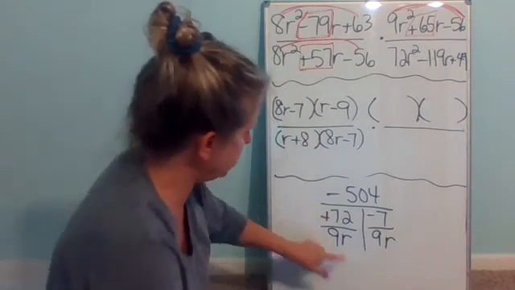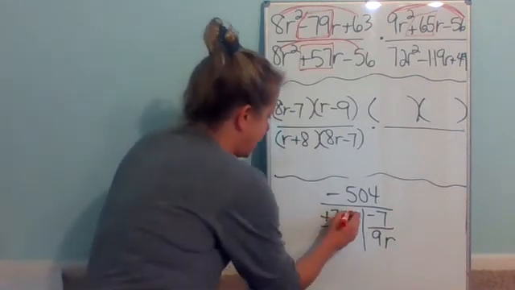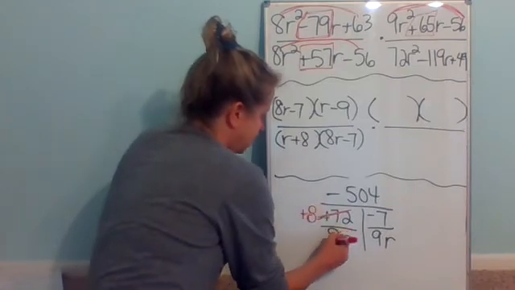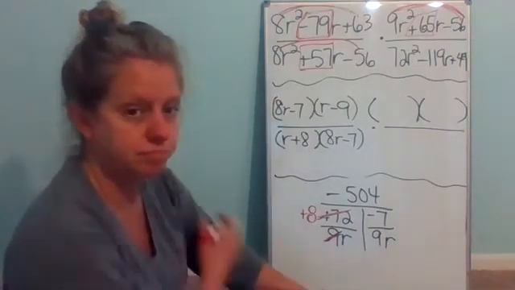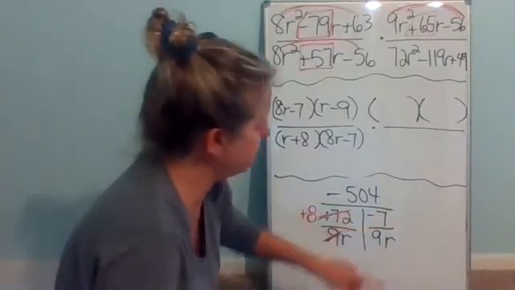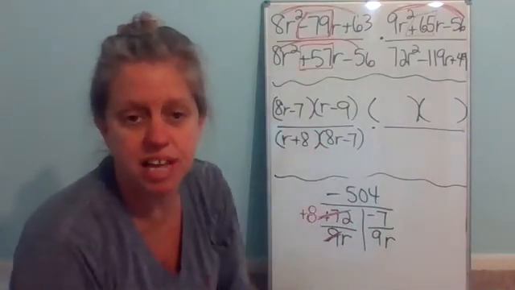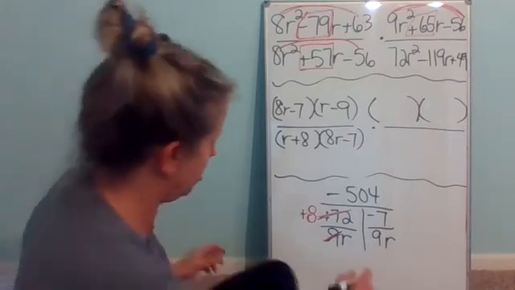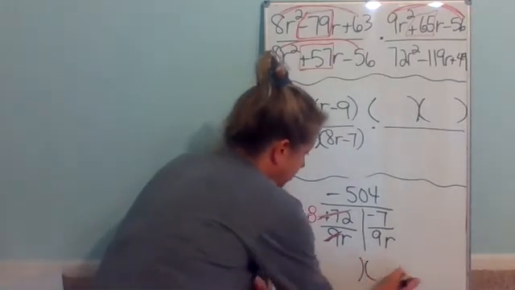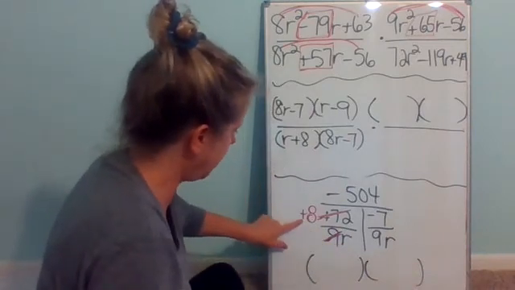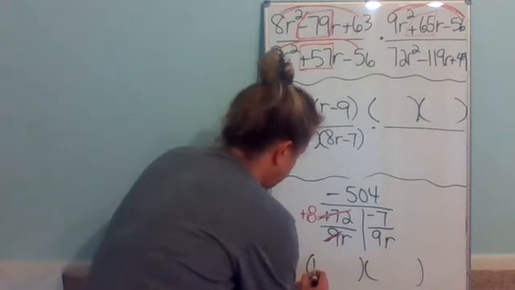So let's see, 72 divided by 9 gives me positive 8. That 9's gone. Negative 7 divided by 9. If I do that and math enter it, it's still going to give me negative 7 over 9. So it doesn't reduce. So let's see. In the bottom, I've got R. Up top, plus 8.